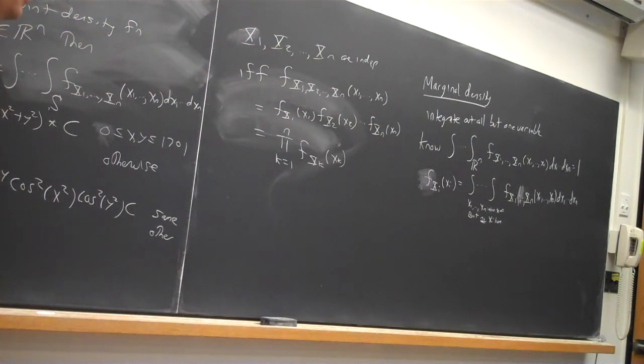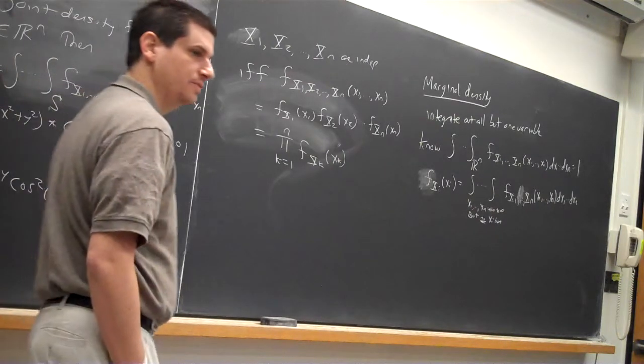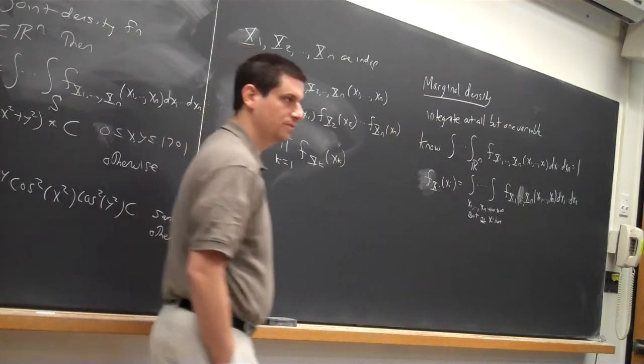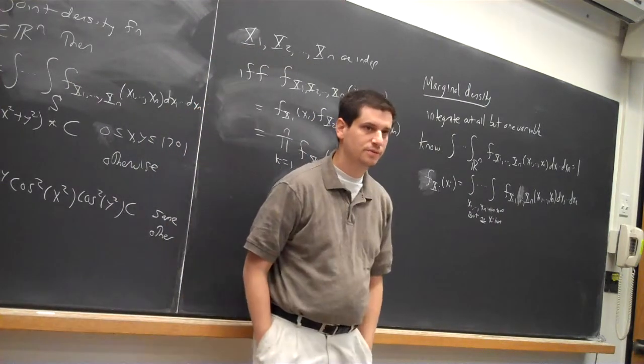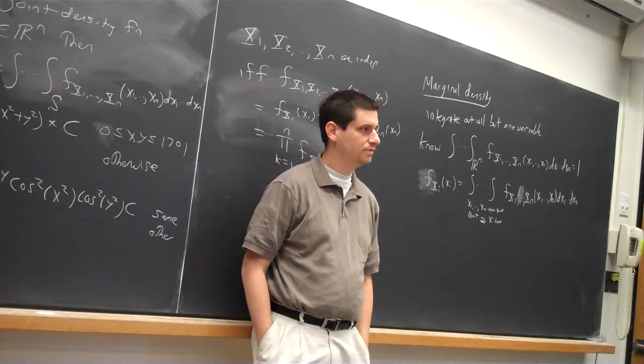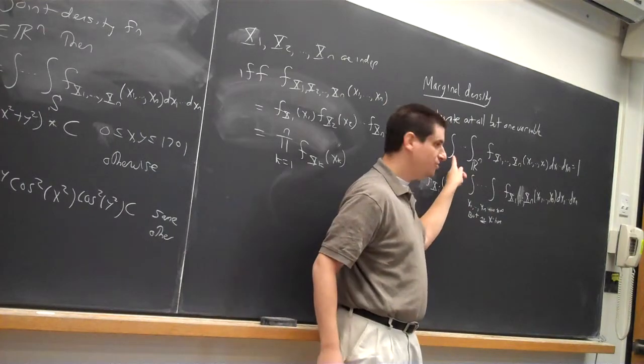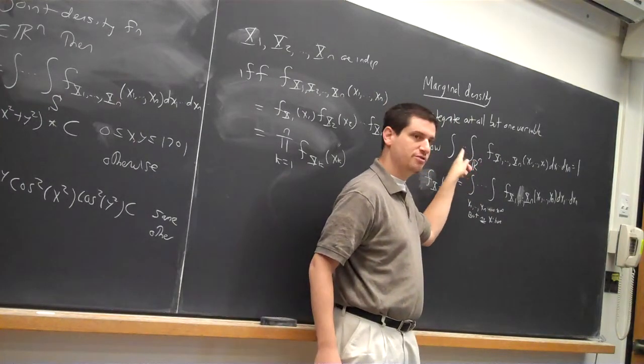When you have lots of integrals like this, what do you have to be careful about? Order of integration. Technically, this is integrating maybe first x1, then x2, then x3, then xn.